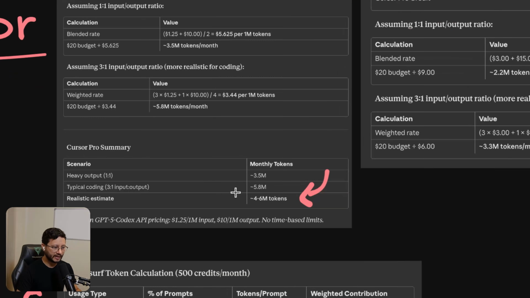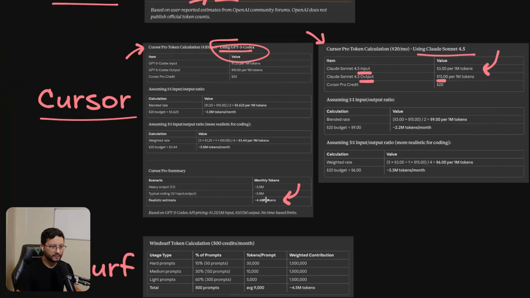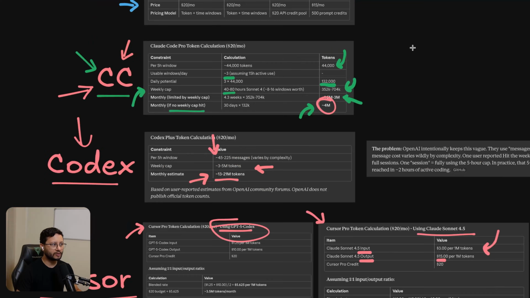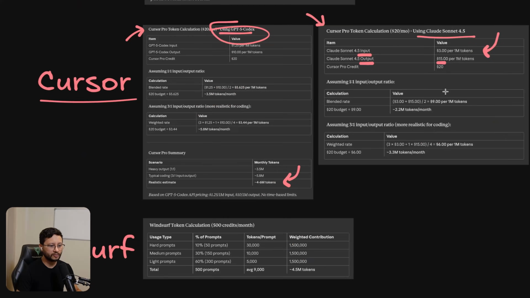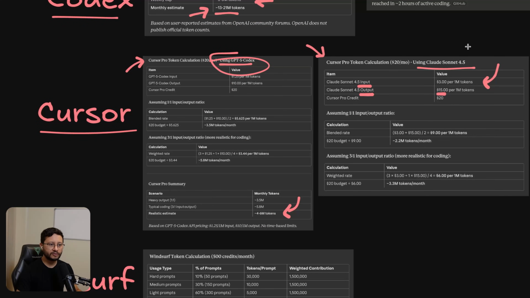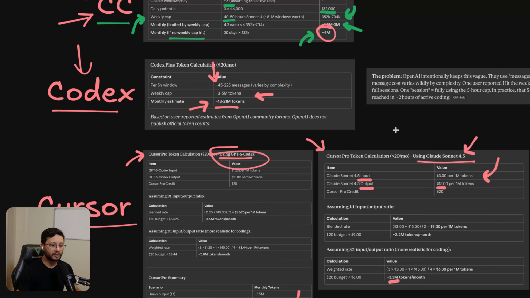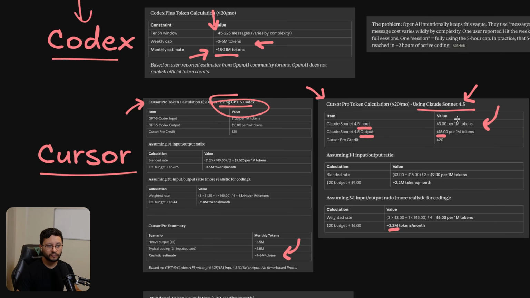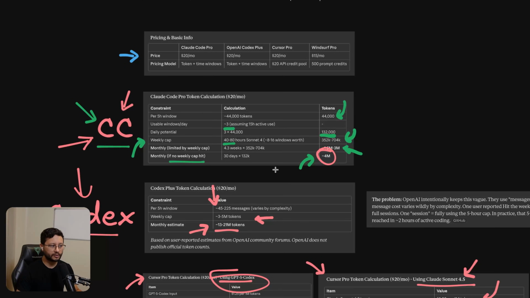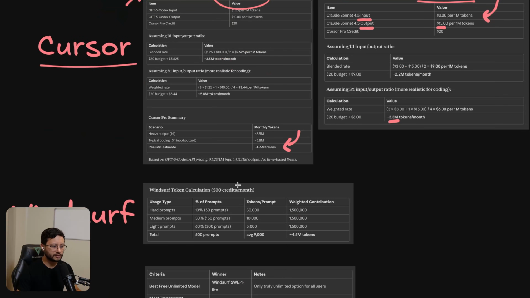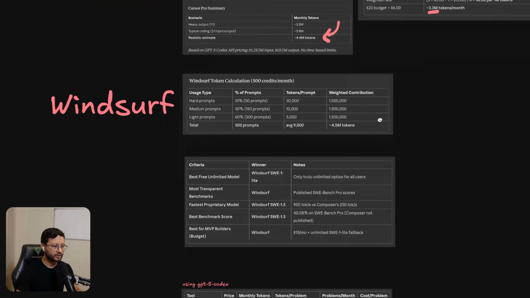So if I only took that into consideration instead of looking at how it would work with the Claude model, it would look much cheaper than Claude Code when it's really not. If you're using a better, more expensive model, you would end up having around 3.3 million tokens per month, which is less than Claude Code. So if you do want to use Claude Sonnet 4.5, either go with Claude Code or with Windsurf, which is our next one up in the line.